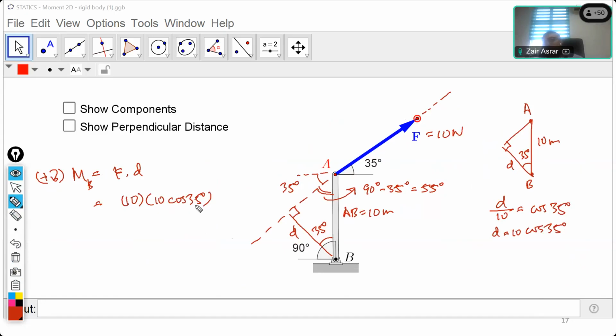The rotation in this case is clockwise. So the rotation generated will be clockwise, and since the rotation is clockwise, you'll have a positive value here. That is the moment at B.